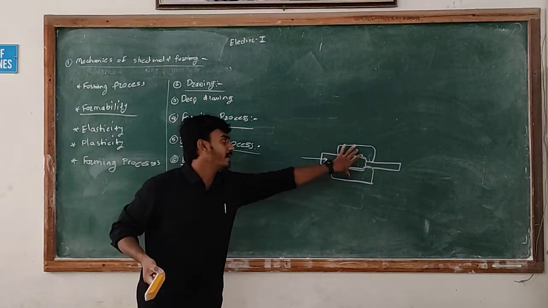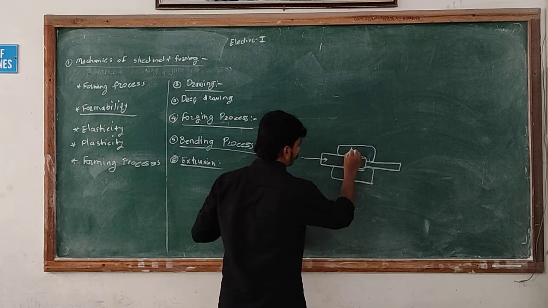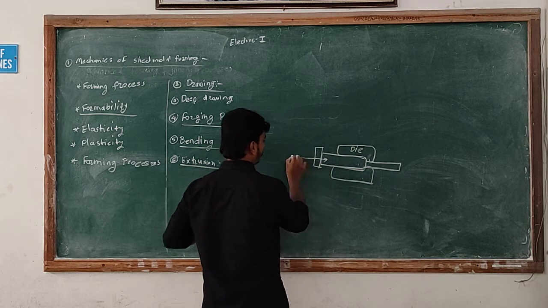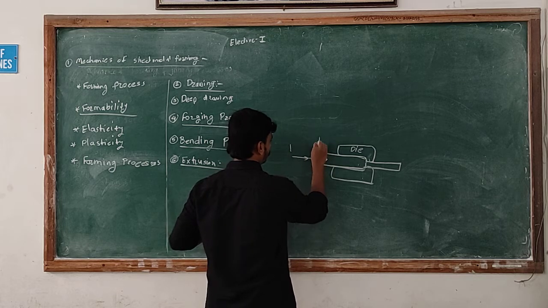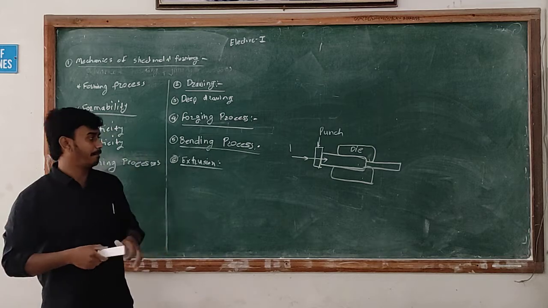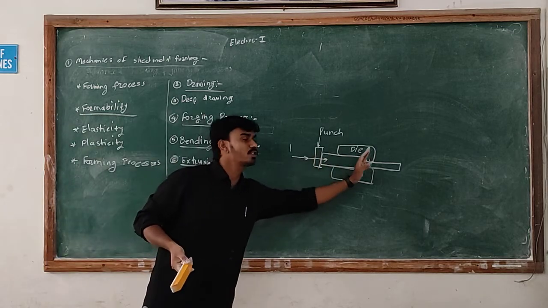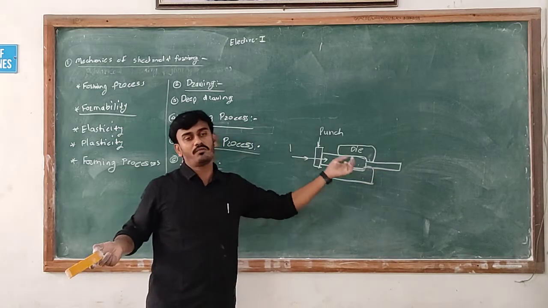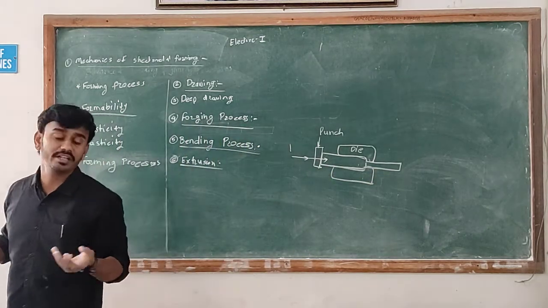This is a die, and here is a punch, and we apply the force on the punch, and due to this compressive force, this material will pass through this opening, and we will get the material in our required shape.